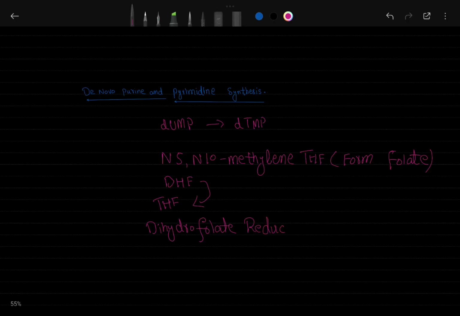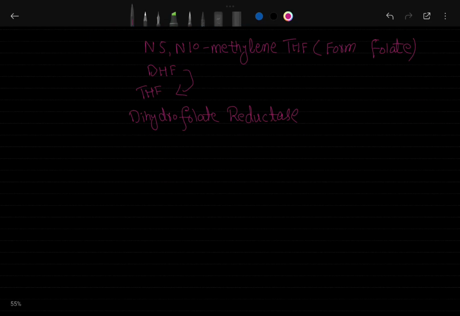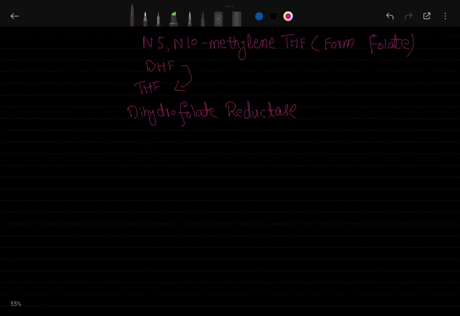The result: the cell runs out of active folate, cannot make dTMP, and DNA synthesis stops.